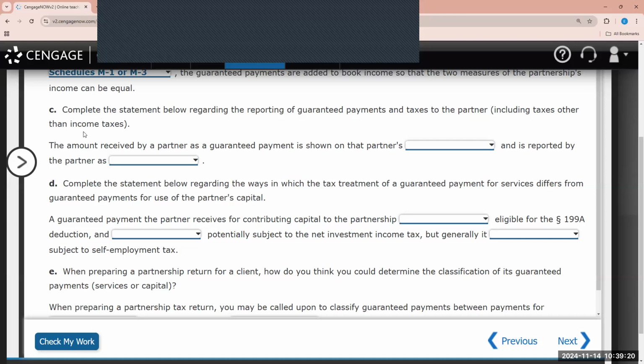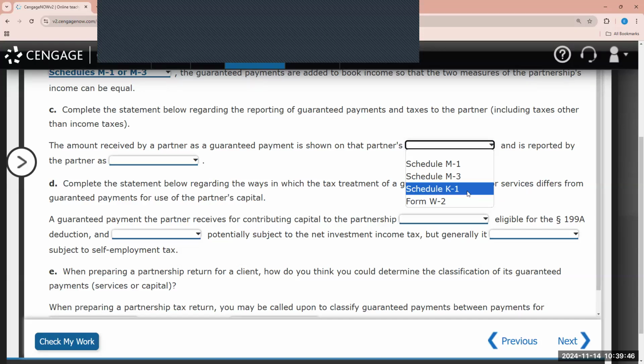Next, we move on to C. It asks us to complete the statement below regarding the reporting of guaranteed payments and taxes to the partner, including taxes other than income taxes. So the amount that's received by a partner as guaranteed payment is shown on their K1, right? They don't get a W-2. They're not an employee. A partner cannot be an employee of a partnership.